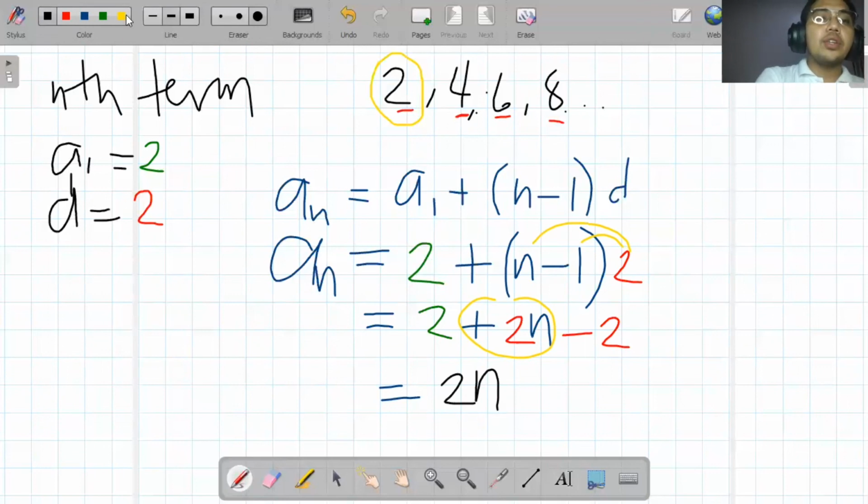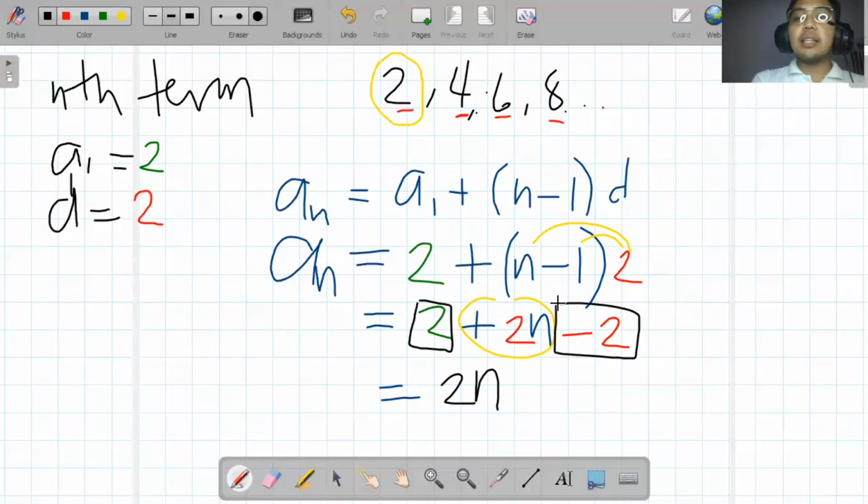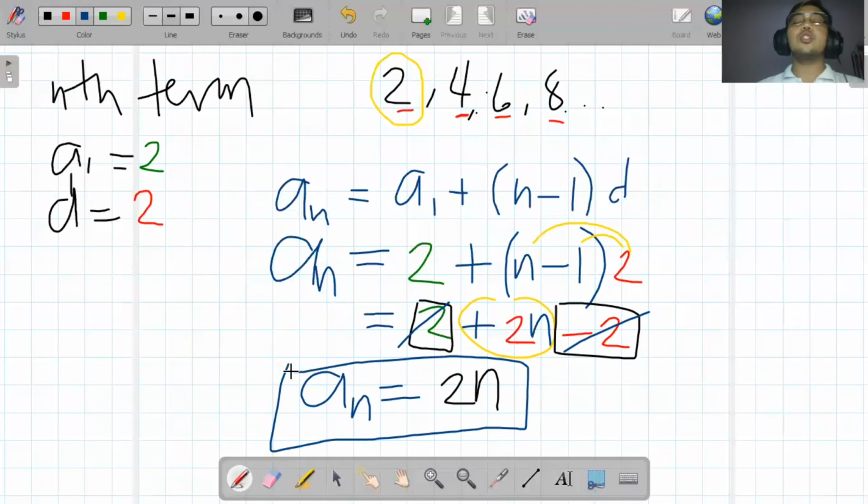Then simplify the 2 and negative 2: they cancel, 2 minus 2 becomes 0. So, therefore, the nth term of this example is 2n.